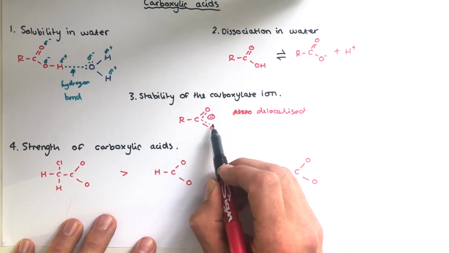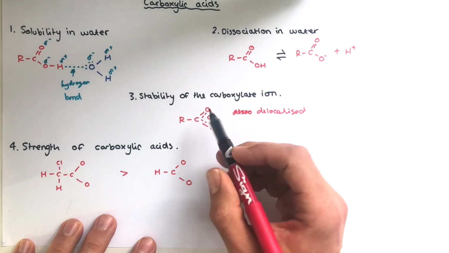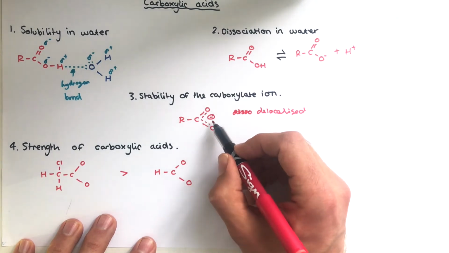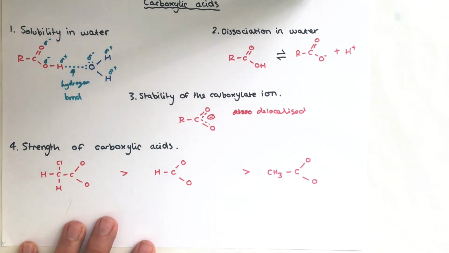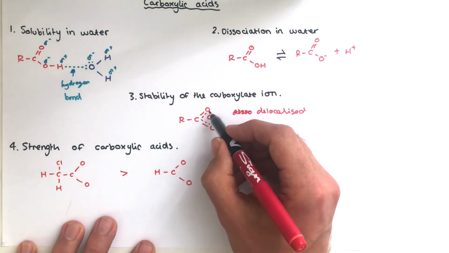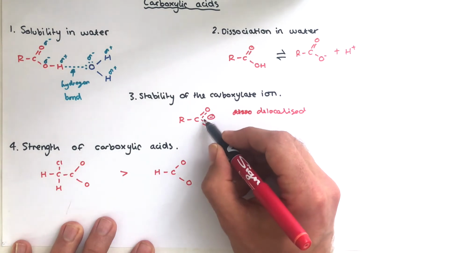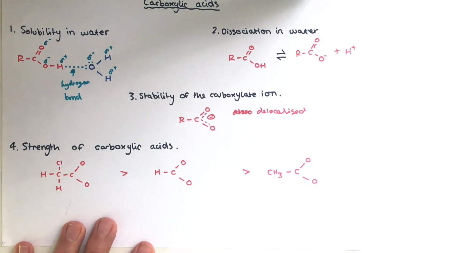Now, obviously, because the oxygens are more electronegative than the carbon, the electrons will spend more time around the two oxygens because they're drawn more towards these two oxygen atoms here. But the key thing to note is that we've got a delocalization of electrons across this bond.